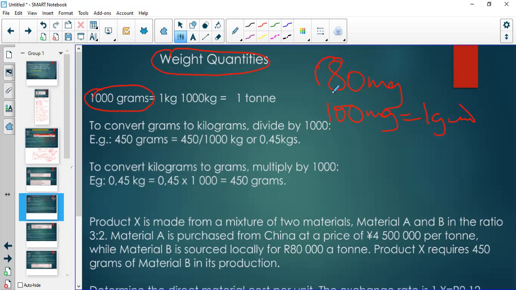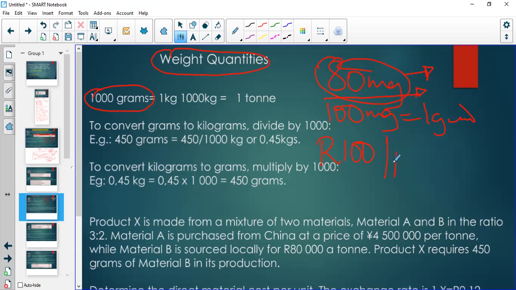But something needs a quantity of 80 milligrams to manufacture, and you are being told that, all right, something needs 80 milligrams to manufacture, and you buy this thing in tons, and the cost is, let's say, 100, or let's just say in kilograms.